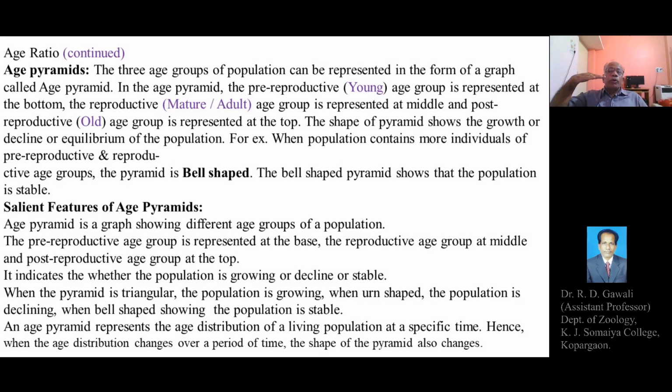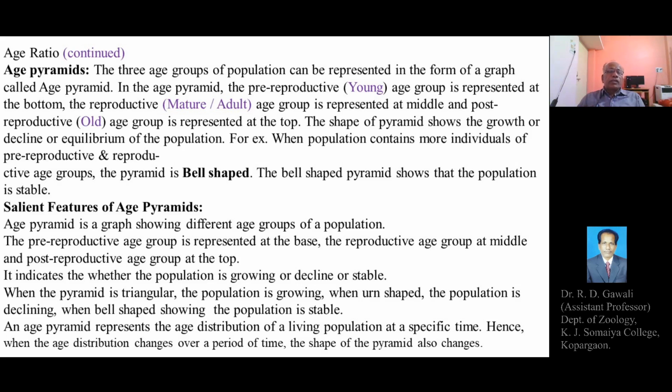The pre-reproductive age group is represented at the base, the reproductive age group at the middle, and the post-reproductive age group at the top of the pyramid.